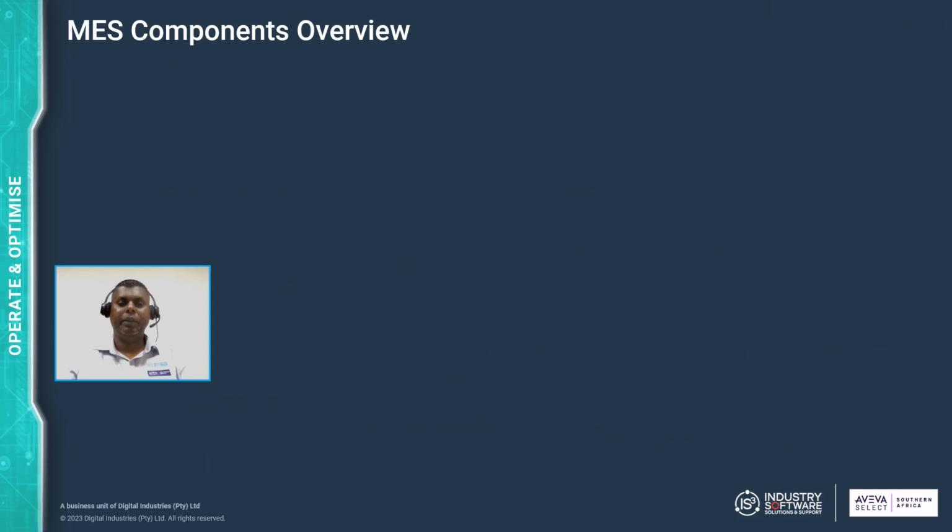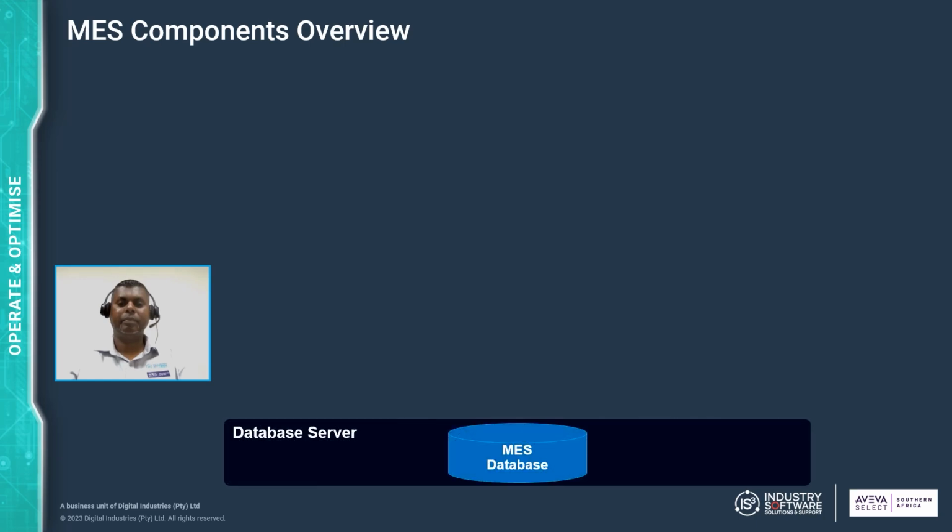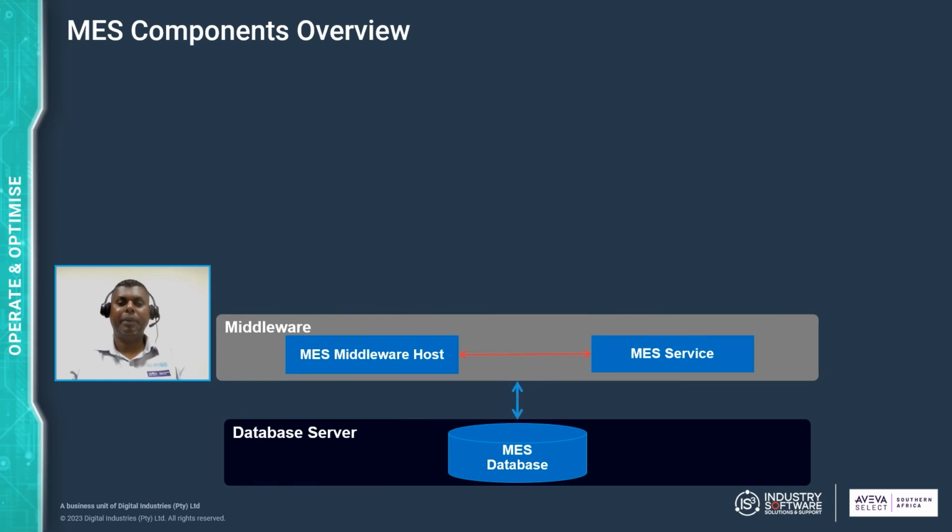On this slide, we take a look at the MES components overview. The MES middleware process handles all client transactions to the database. The MES middleware proxy provides access to the MES middleware for clients. The proxy is installed on each client station and on all MES middleware hosts.